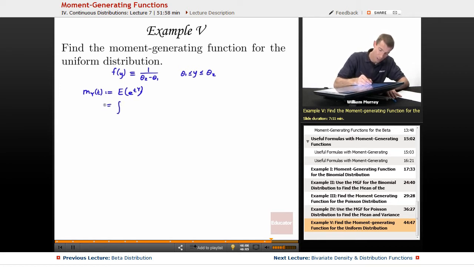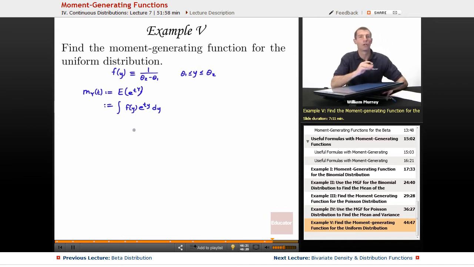This is actually also a definition of expected value: it's the integral of the density function f of y, times whatever function you're trying to find the expected value of, in this case e to the ty, dy, and then you integrate that over your whole range for y, which in this case is theta 1 to theta 2.